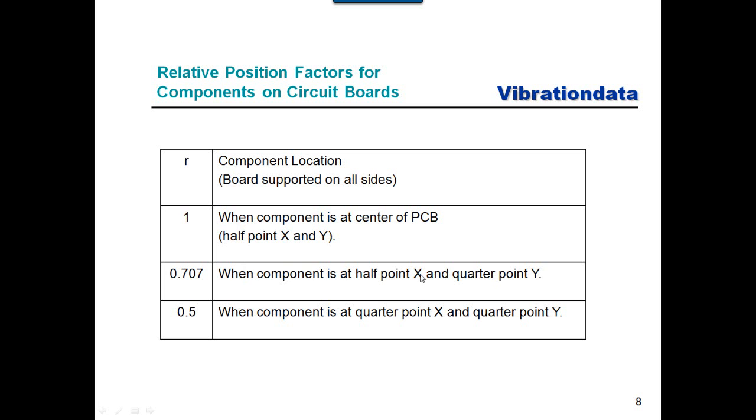If it's at the half point X and the quarter point Y, 0.707. When the component is at the quarter point X and the quarter point Y, 0.5. Now again, you may have some oddball shaped circuit board that's non-rectangular, and it may be ambiguous. You might have a board with intermediate standoffs. So just any ambiguity, set R equal to 1.